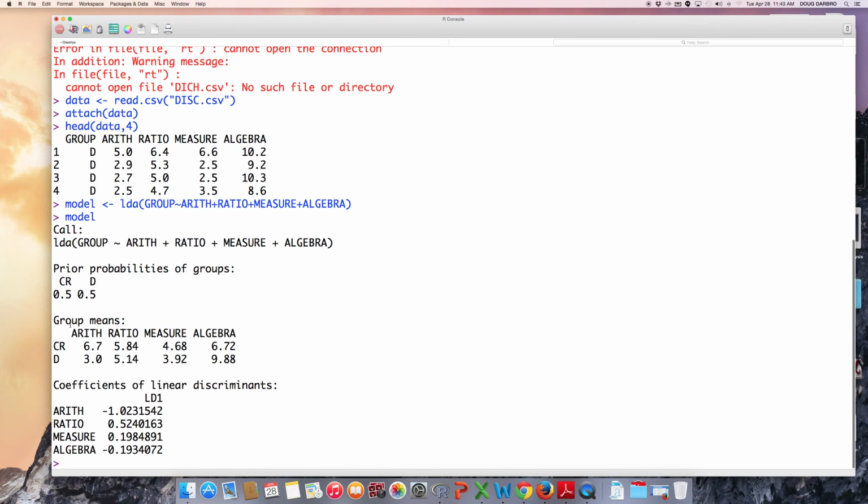Next we get group means across the arithmetic scores, presented across those that are college ready and those that were deemed to be developmental. And then we get the coefficients of our linear discriminant model. So this is our discriminant model that we talked about a little bit earlier.